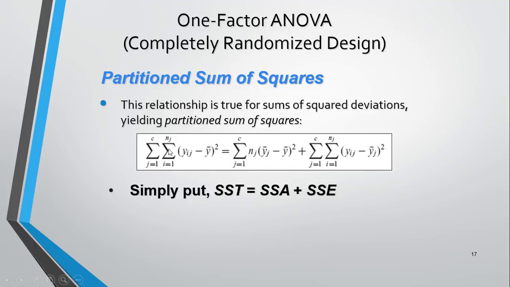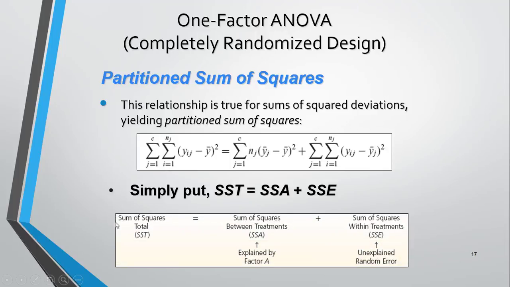We call these SST, the sum of squares total; SSA, due to the different factors; and SSE, the sum of squares error. Basically, we partition the sum of squares the same way, so SST equals SSA plus SSE.